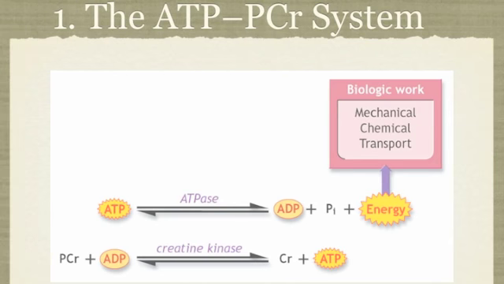So the ATP phosphate creatine, or creatine phosphate, which falls under what we call the phosphagens, we start out with ATP, and it's acted upon by ATPase, the enzyme, and we're left with ADP, adenosine diphosphate, and a free phosphate group in energy. So we need to form more ATP for continuous muscular contractions.